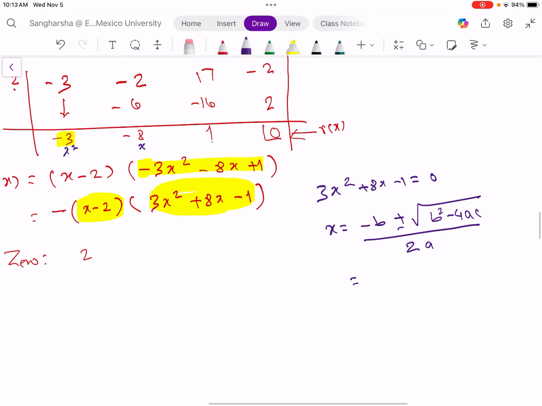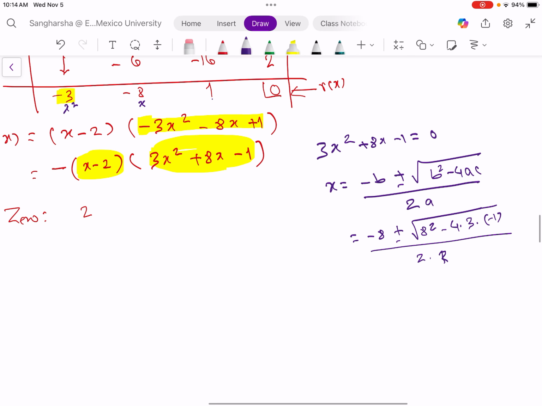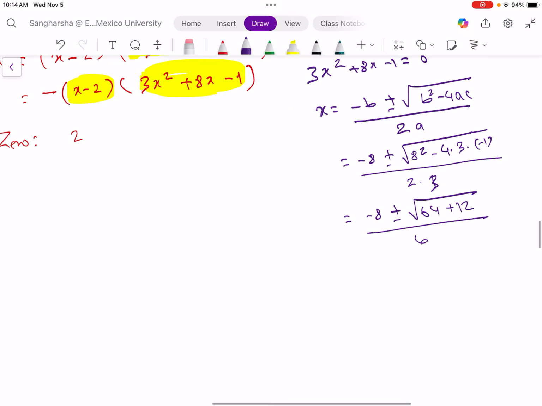So our b is 8, so negative 8 plus minus the square root of 8 square minus 4 times a times c, which is negative 1, divided by 2 times 3. So this is negative 8 plus minus the square root of 64, 4 times 3, that's going to be positive 12, divided by 6. So this is negative 8 plus minus the square root of 64 plus 12, that is 76, divided by 6.